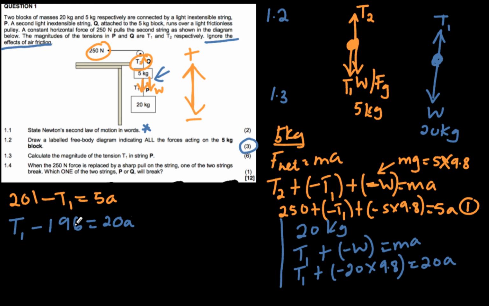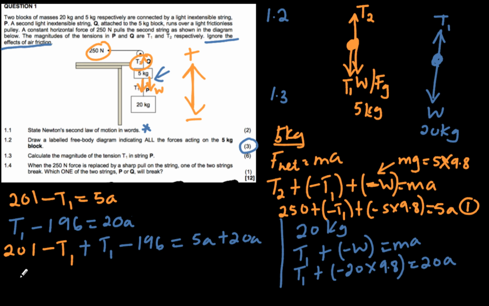And we solve these two simultaneously. If we solve these two simultaneously by adding them, it's going to be 201 minus T1 plus T1 minus 196 is equal to 5A plus 20A.